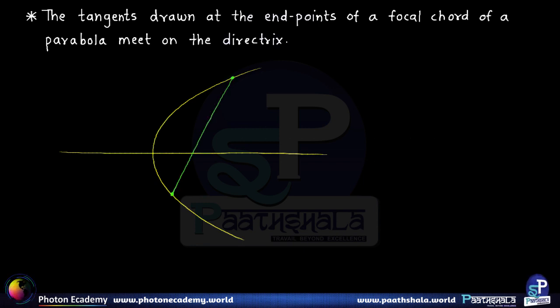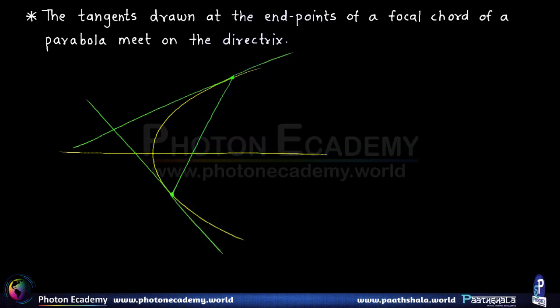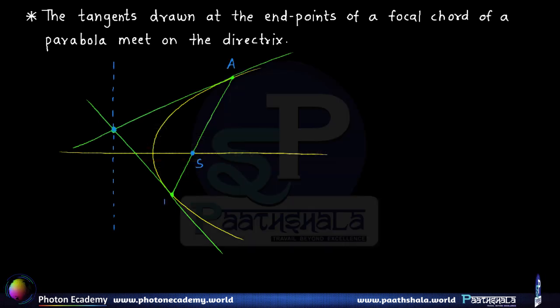Now if we draw the tangents at the end points of this particular focal chord, we will observe that the point of intersection of these 2 tangents lies on the directrix of the parabola. So this is what this particular property is saying. Since it's a focal chord, clearly it passes through the focus. That is what is the meaning of focal chord. And related with this, there is another property.